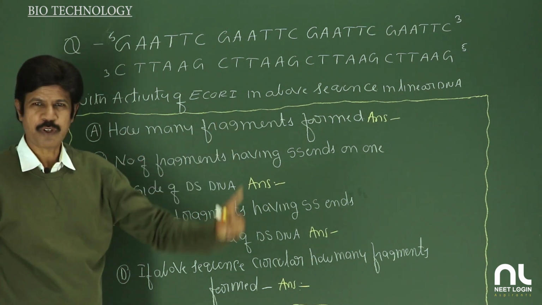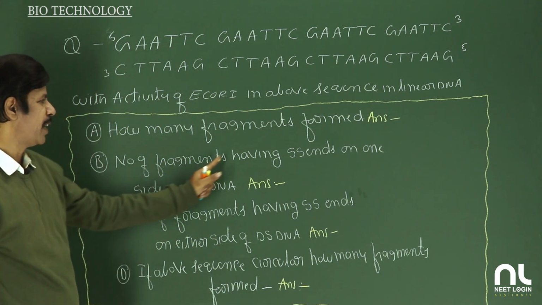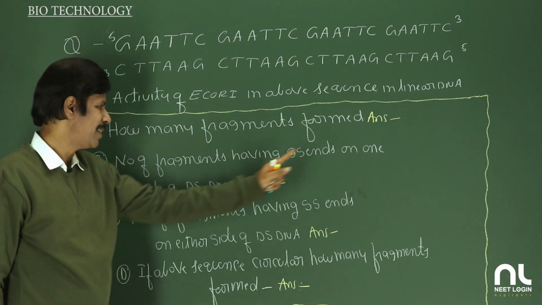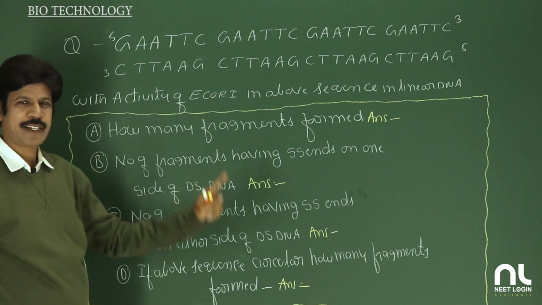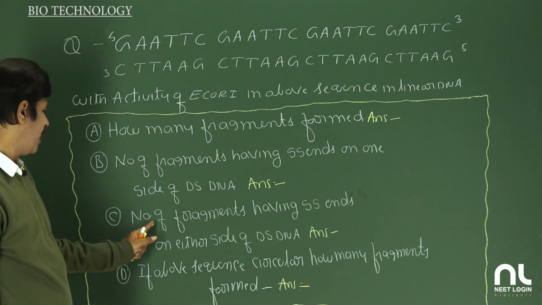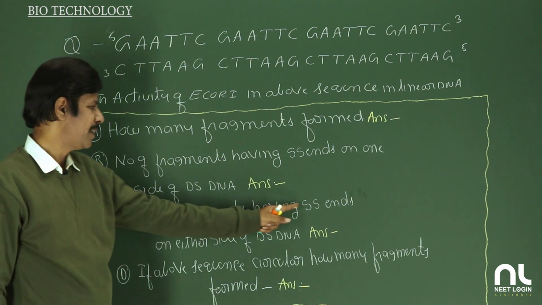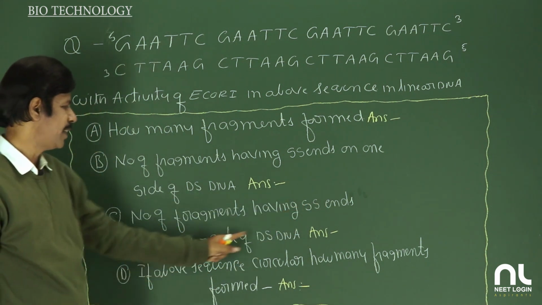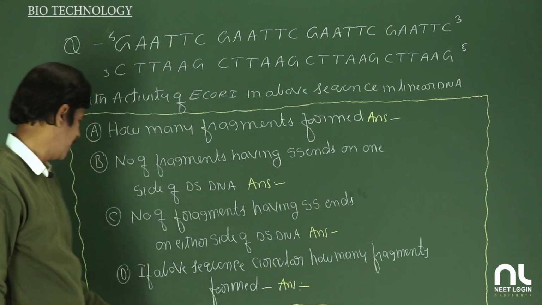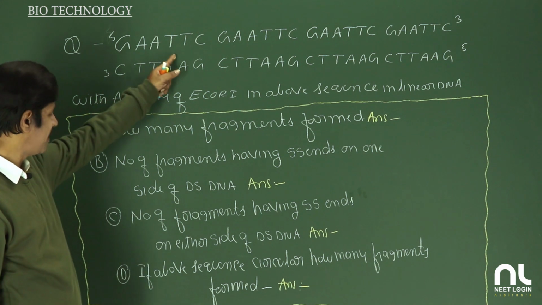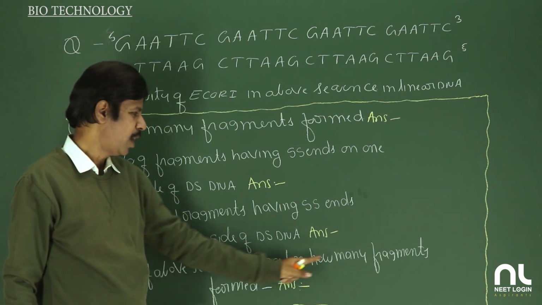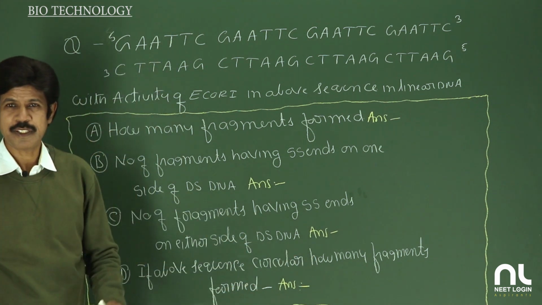A. How many fragments are formed? B. Number of fragments having single stranded ends at one side of double stranded DNA. C. Number of fragments having single stranded end on either side of double stranded DNA. D. If this sequence is circular, how many fragments are formed?